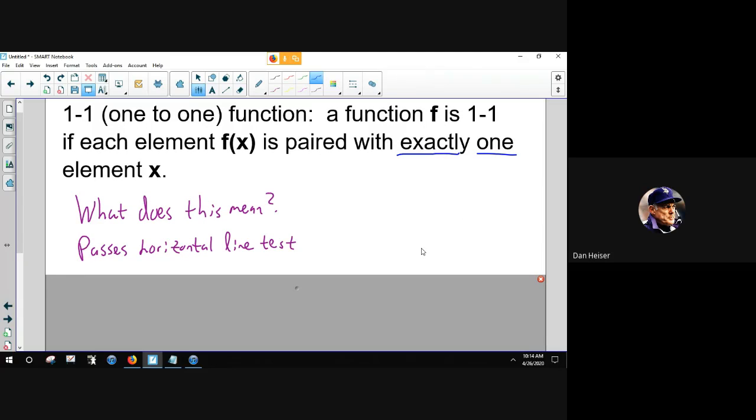One-to-one functions pass both. Functions only have to pass vertical. So let's make sure we're clear on that. A function in general only needs to pass the vertical line test. For a function to be considered one-to-one, it has to pass the horizontal one also.